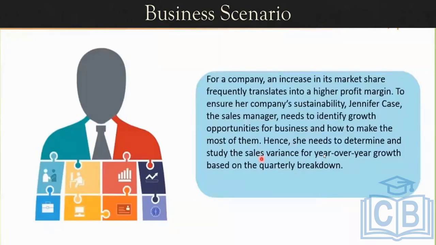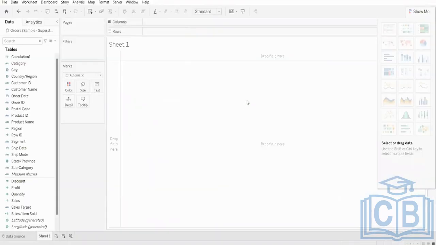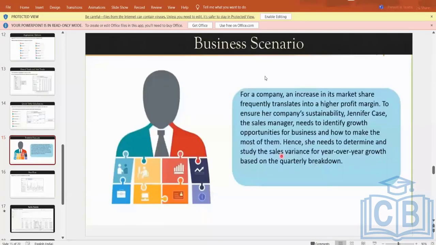Hence, she needs to determine and study the sales variance for year-over-year growth based on a quarterly breakdown. Simple, na? Sales variance we need to have and a quarterly breakdown. So let's do it. So what does Jennifer want for herself? She wants to determine the sales variance year-over-year growth based on the quarterly breakdown, right?